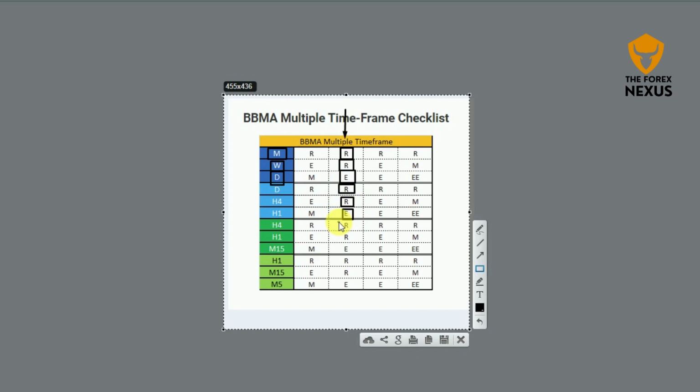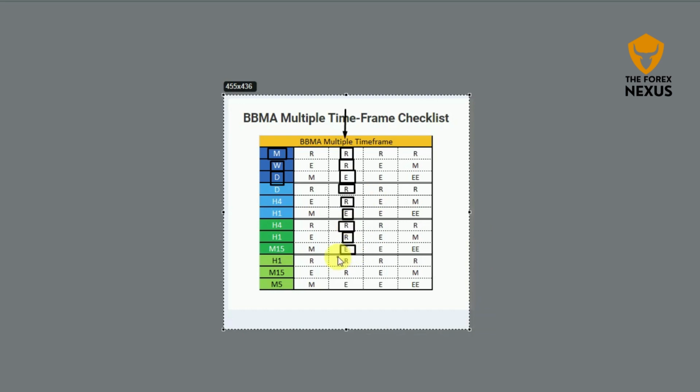On the H4 time frame, if there is a re-entry, there must be a re-entry on the H1 time frame, and there will be extreme on M15. Okay, these are just codes to identify how you will make a multi-time frame analysis and which code is forming at that time.